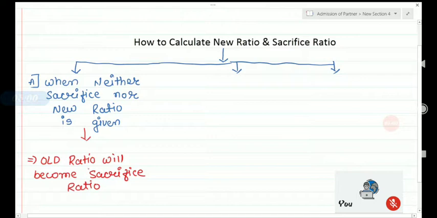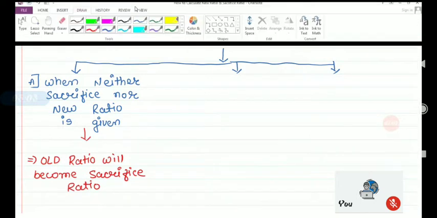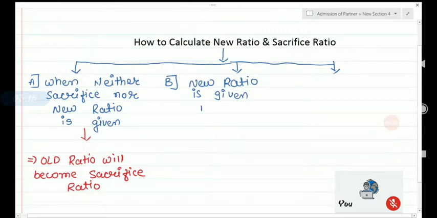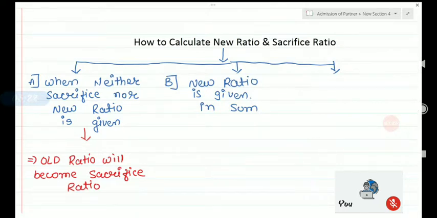Okay, now there is the second point, where new ratio is given. Now see, if new ratio is given in the sum, then again calculation becomes extremely easy. See, what we need to do.